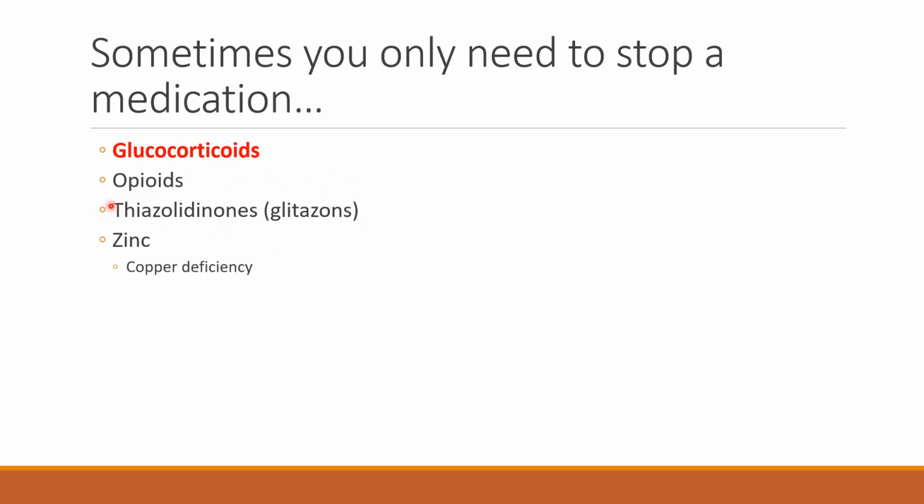Thiazolidinediones also cause osteoporosis. And zinc, because zinc competes with copper and leads to less absorption of copper, and it causes copper deficiency, and copper deficiency could manifest as osteoporosis. These are low yield, but glucocorticoids are high yield, and you will definitely face a question about that.